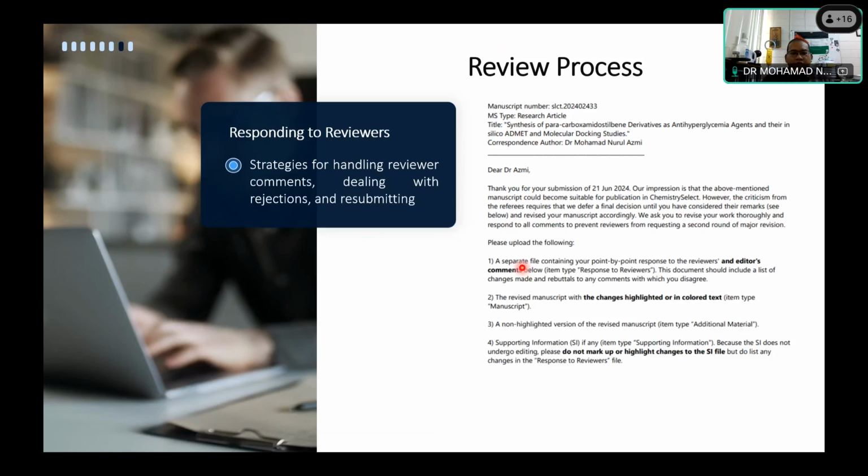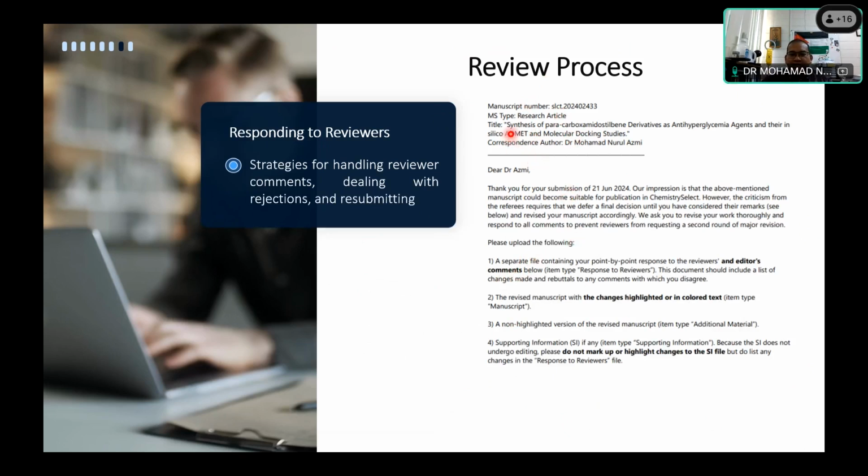So in the review process, when you click the submit button, you will get this kind of reply. Okay, so they will explain the manuscript number. This is the example of a paper by Mahdi.